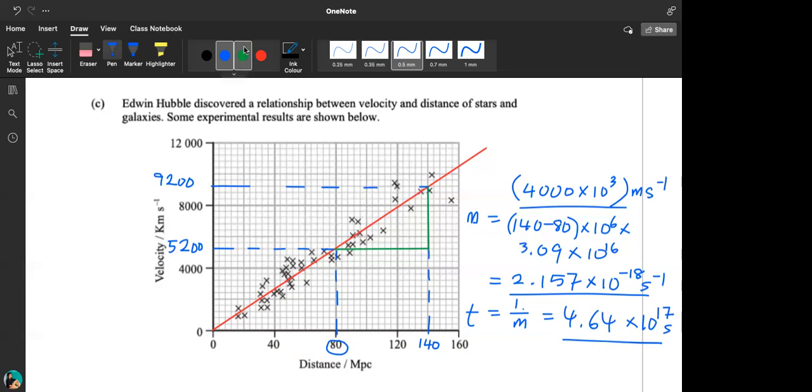Okay, acceptable range is 4.0 to 5.2 times 10 power 17.